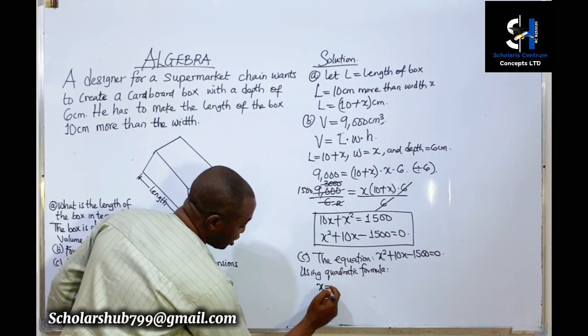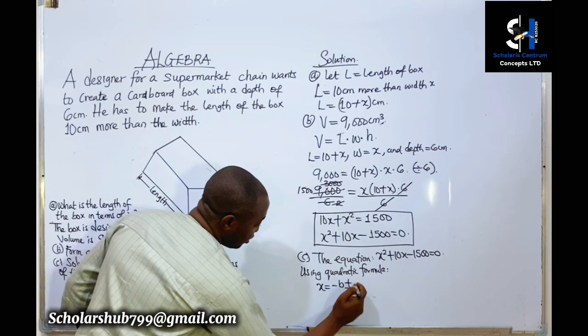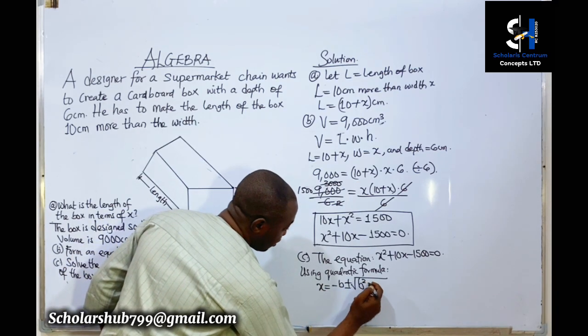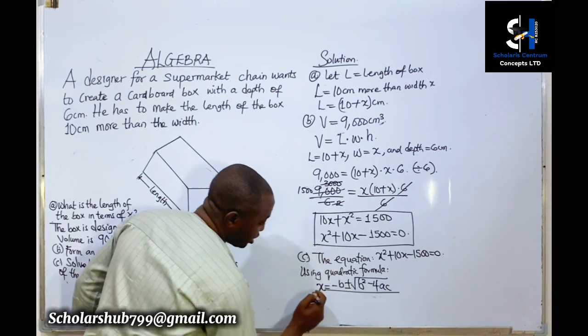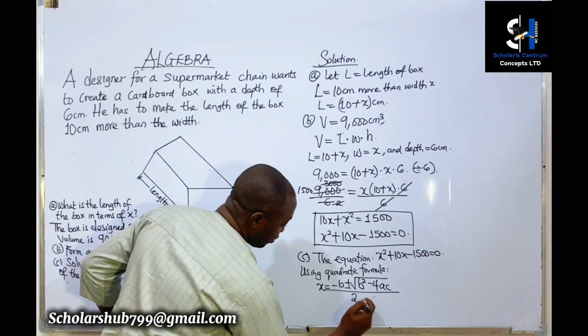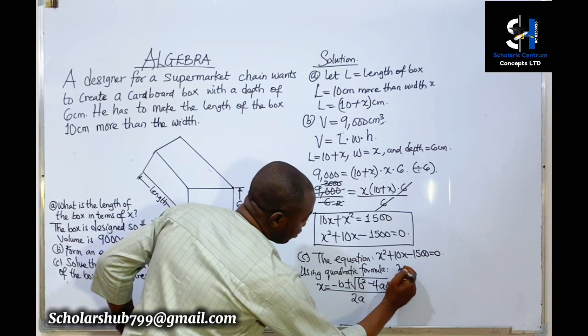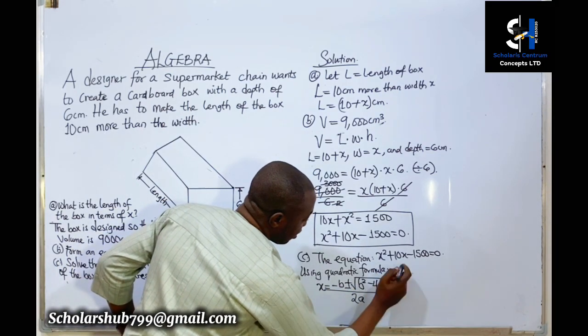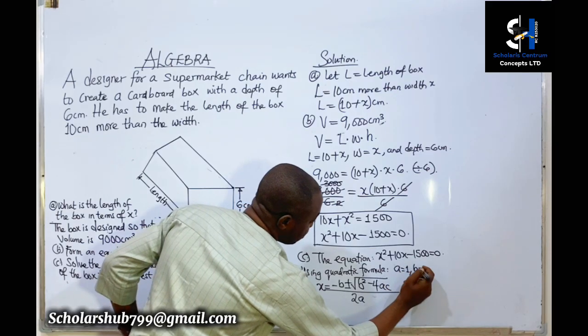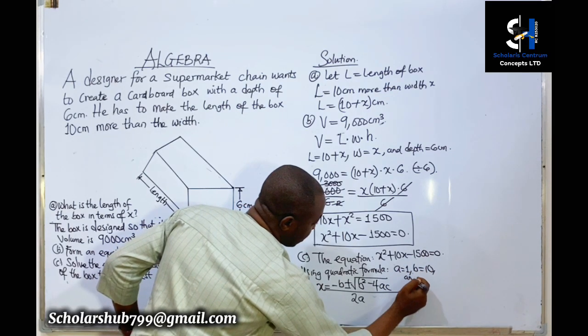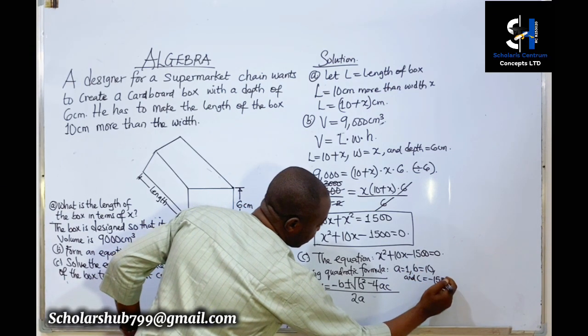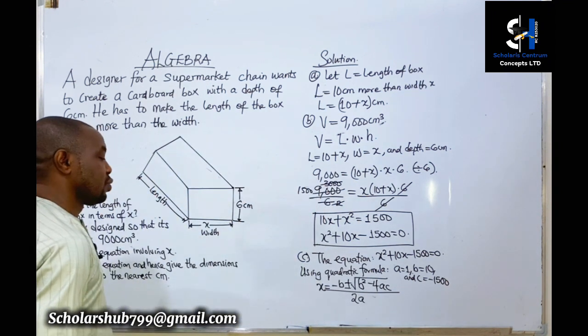So that will be x equals minus b plus or minus the square root of b squared minus 4ac, divided by 2a. From here we know that a equals 1, b equals 10, and c equals minus 1500.